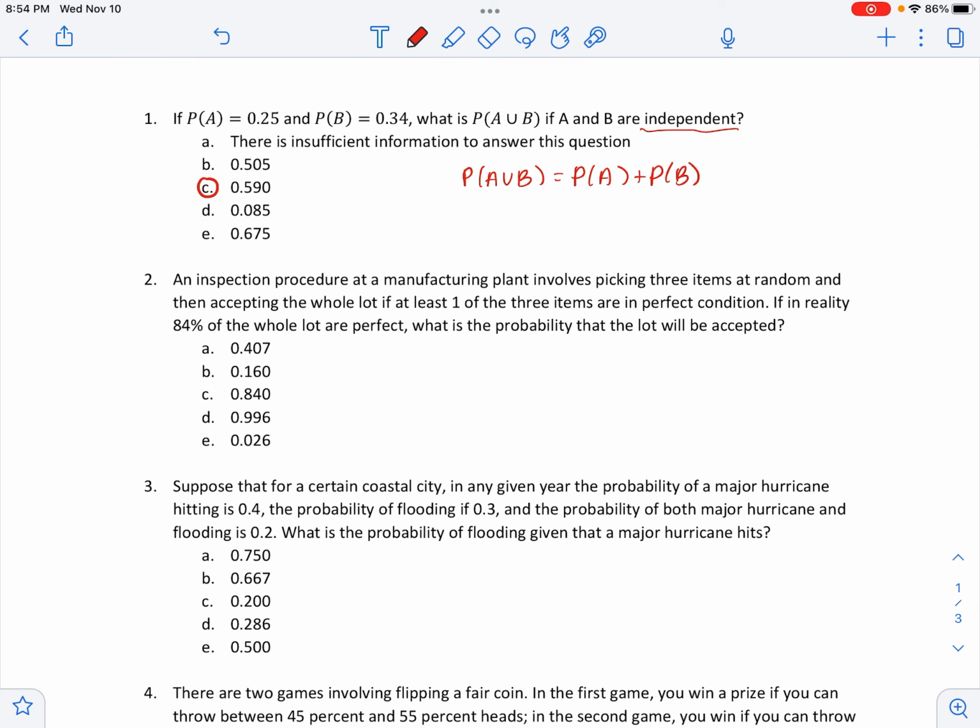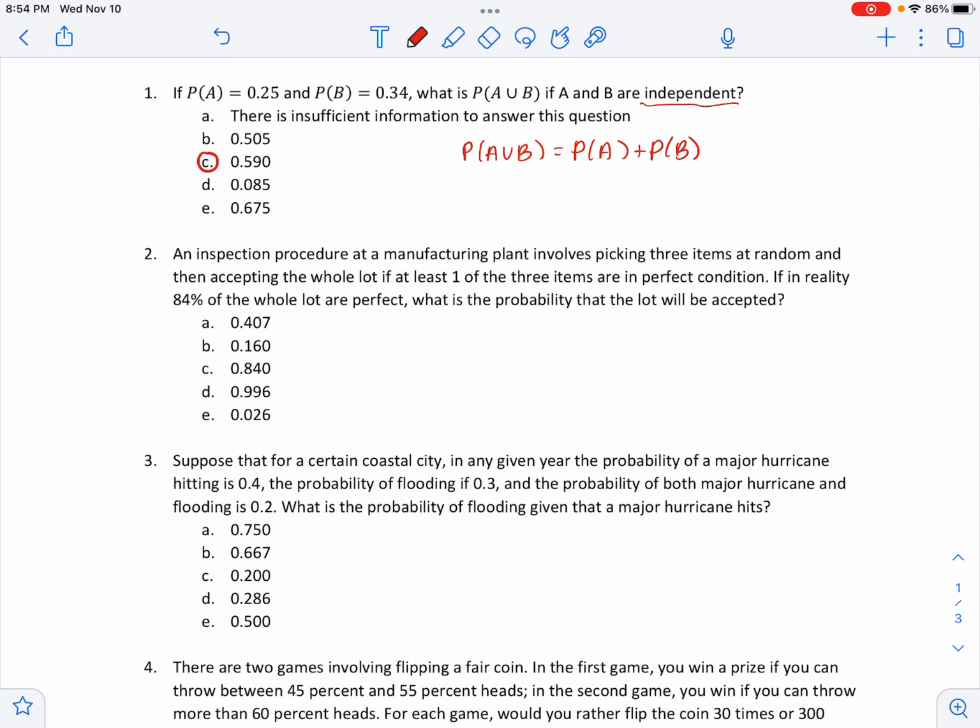All right, question 2. An inspection procedure at a manufacturing plant involves picking 3 items at random and then accepting the whole lot if at least one of the 3 items are in perfect condition. If in reality 84% are in perfect condition, what is the probability that the lot will be accepted? So I'm doing the probability of at least one.